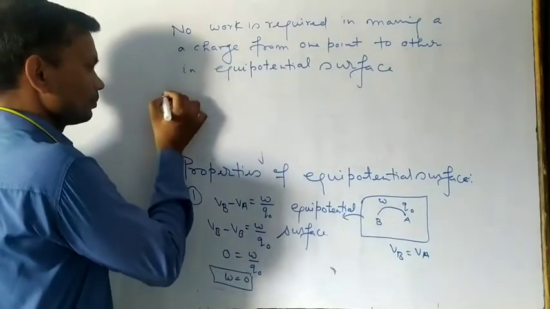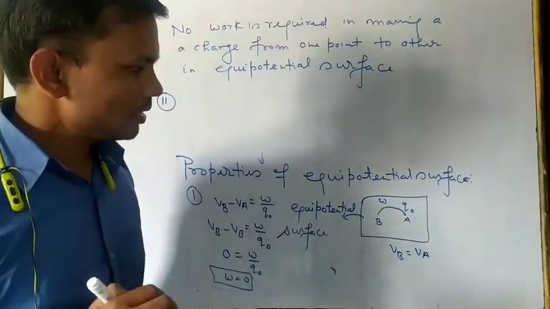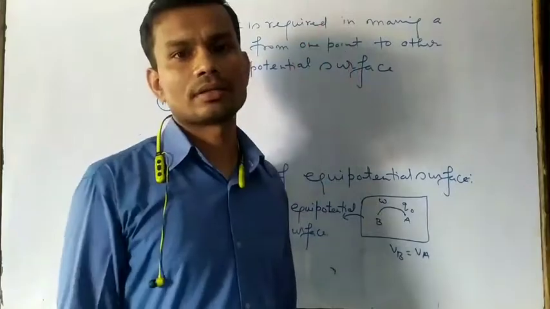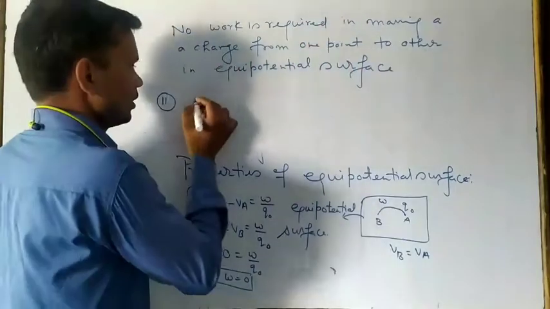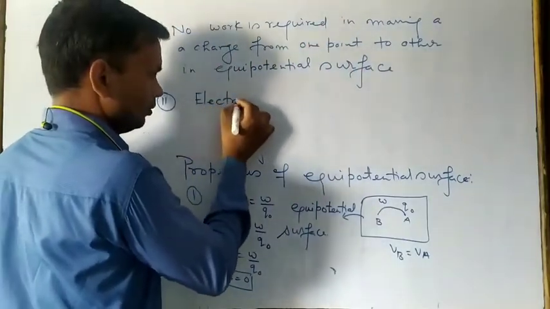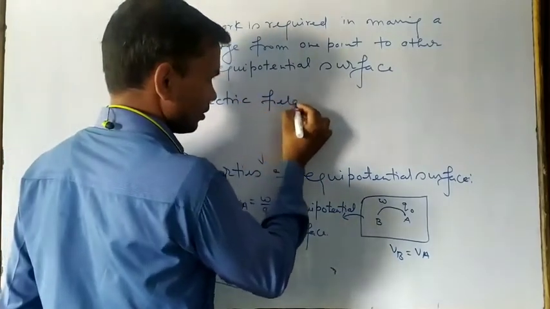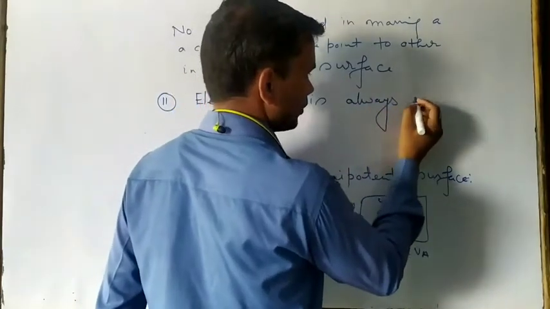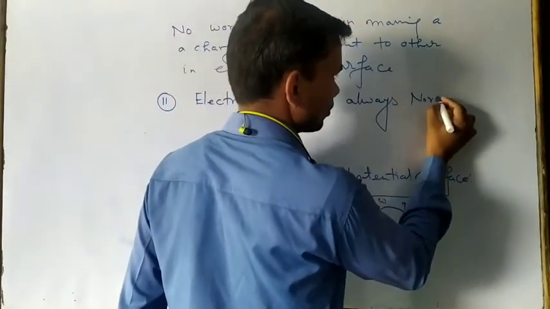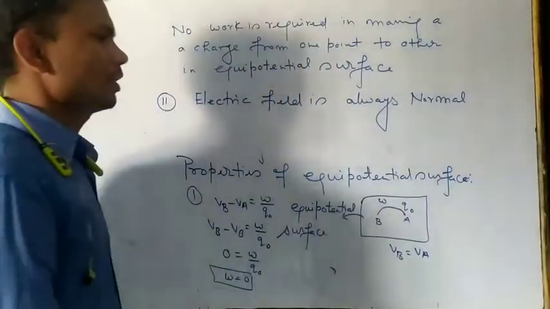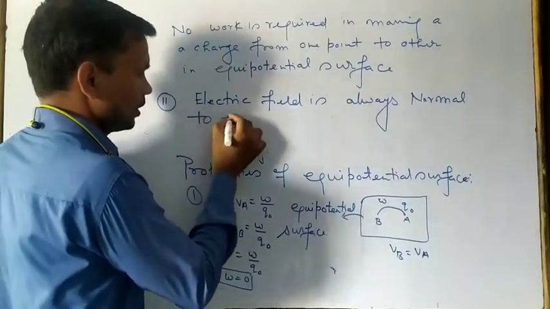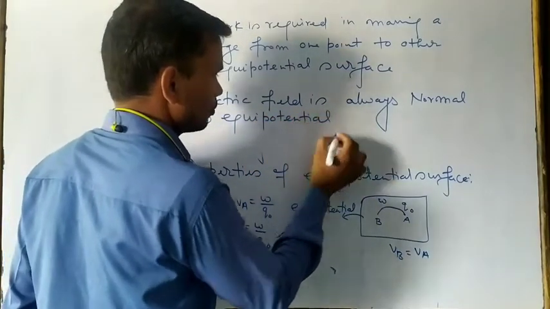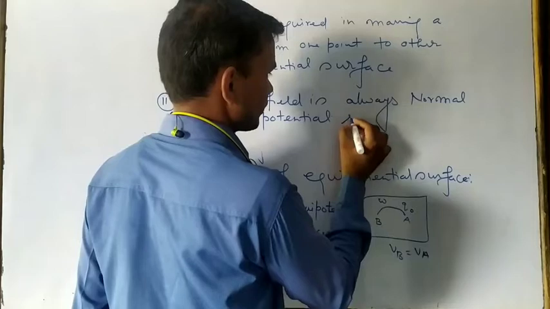Second, you have to see, suppose an equipotential surface is there, then the electric field is always normal to that equipotential surface. So the second one: electric field is always normal to equipotential surface.